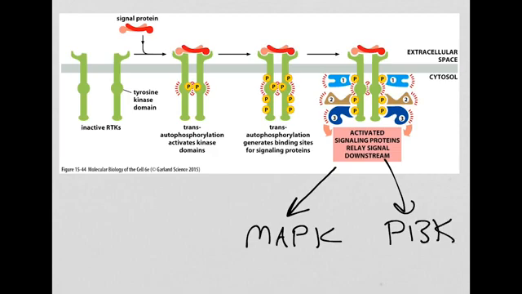Because these pathways are associated with major phenomena like growth, multiplication, proliferation, whatever you want to call it, and survival, roughly broken down in that way, but of course there are exceptions.